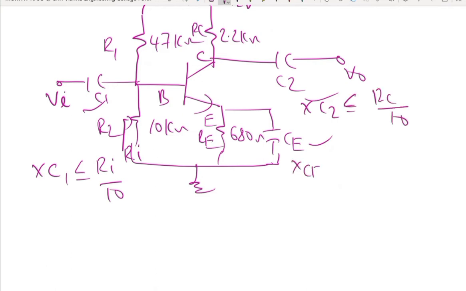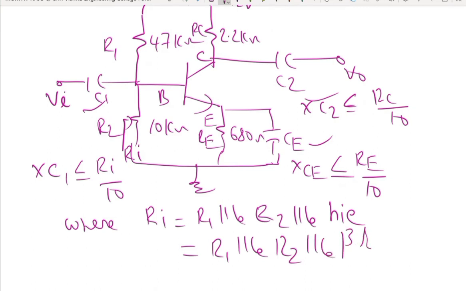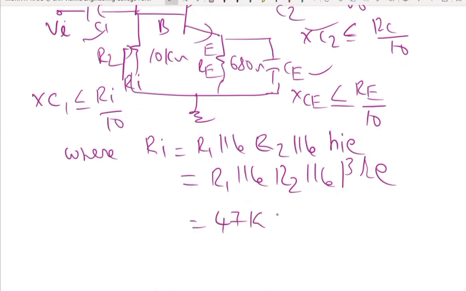Here XCE less than or equal to RE by 10, where Ri is equal to R1 parallel to R2 parallel to the transistor input resistance HIE.